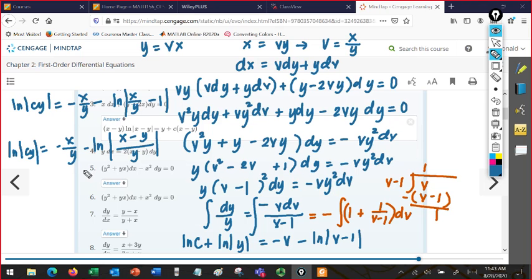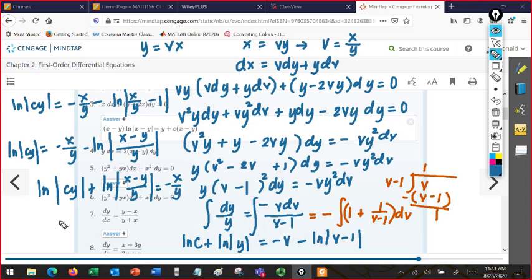Then, by arranging the terms, lilipat ko lang yung nasa kaliwa. Maka-cancel na to ngayon.